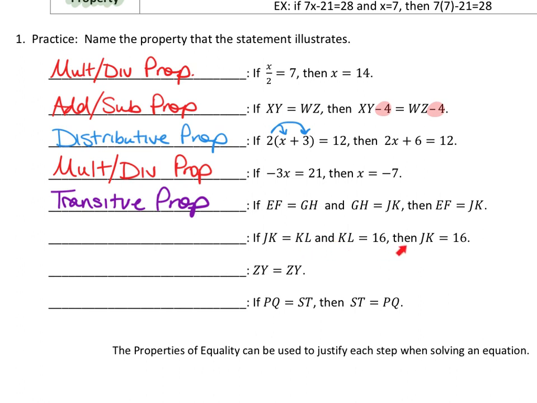So what did I do to put 16 equal to JK? Let me color code for a second. Maybe this is helpful. If we have JK equal to KL and KL equal to 16, then we can just say JK equal to 16. What do you notice about the colors?